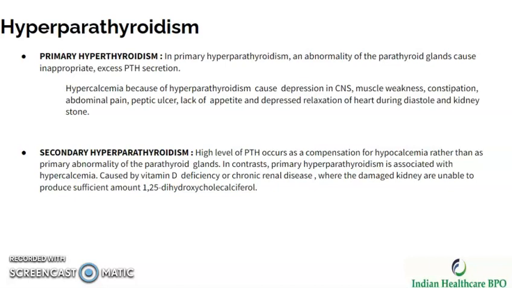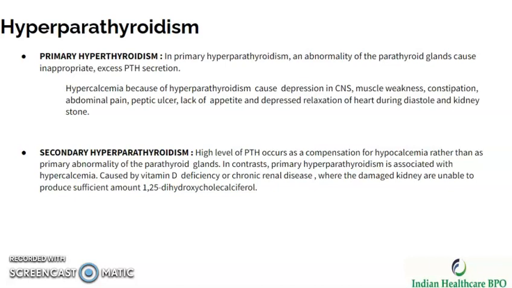So the result will be hypercalcemia, which causes depression of the CNS, that means central nervous system, muscle weakness, constipation, abdominal pain, and also peptic ulcer and lack of appetite and depressed relaxation of the heart during diastole and kidney stones. This all will be the result of hyperparathyroidism, which causes hypercalcemia.